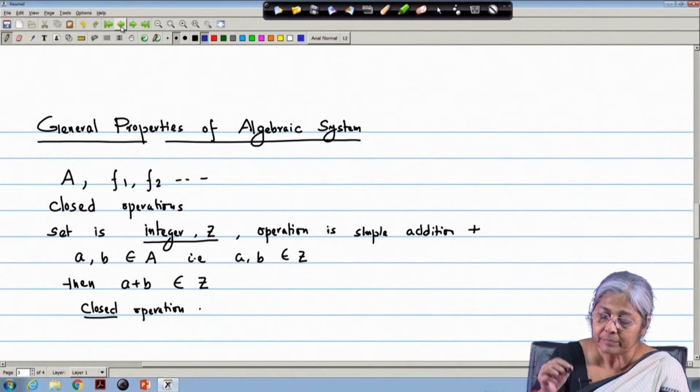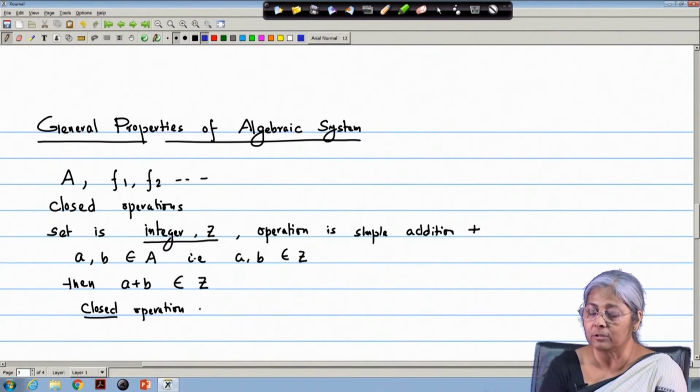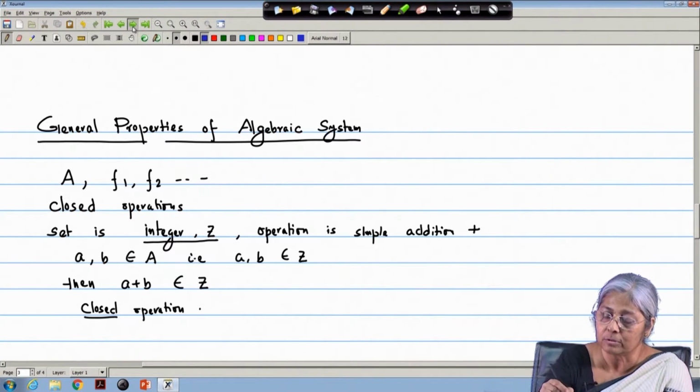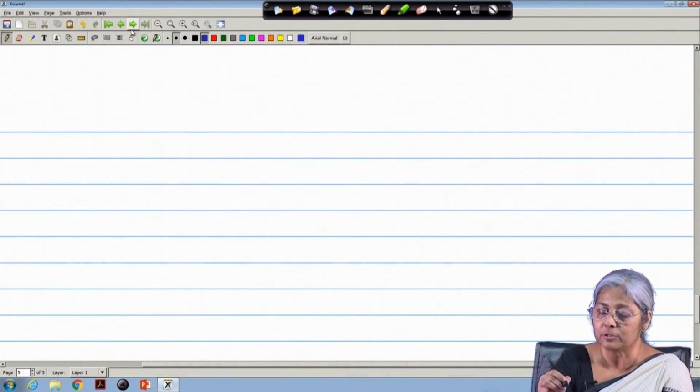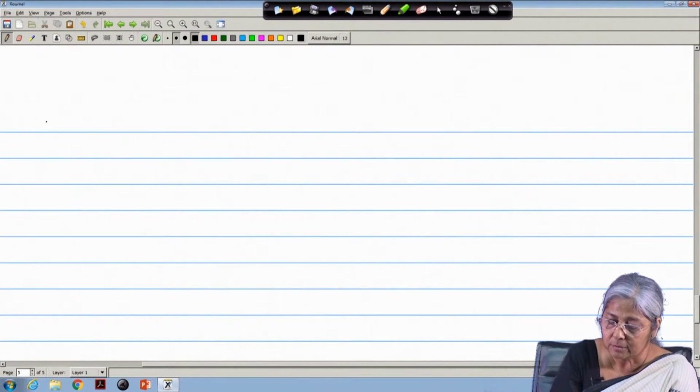So, now we start to write all the general properties of an algebraic system. Since now we know the closed operation, the first property is the closure property.